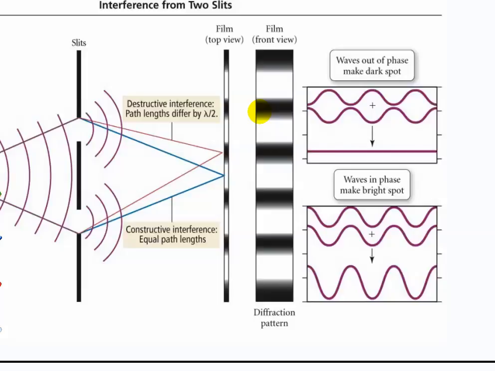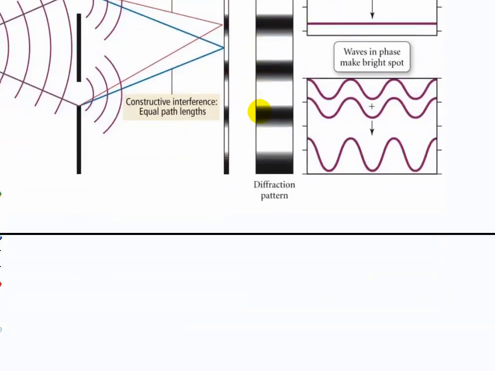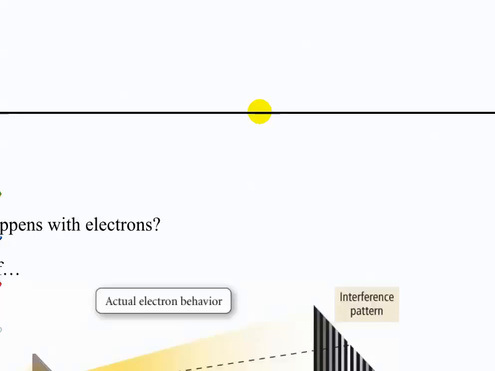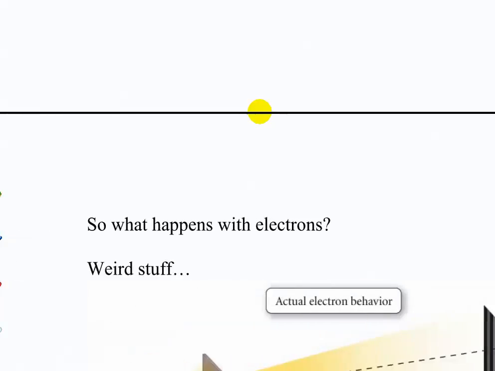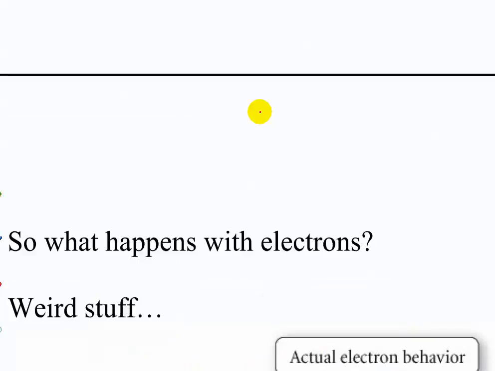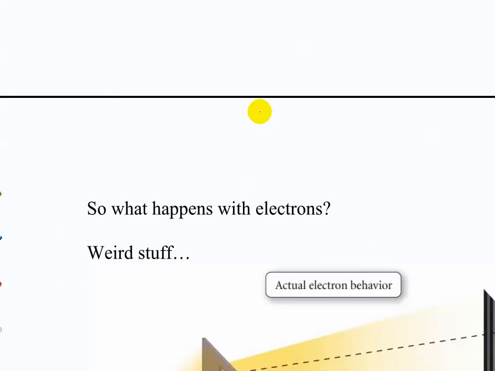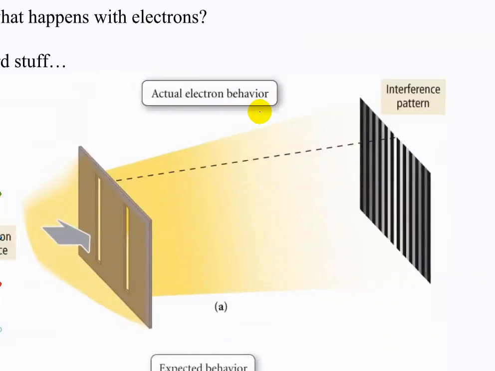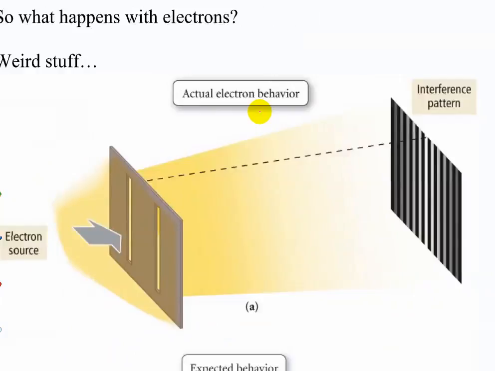The reason I tell you this is that there's a really interesting experiment that deals with this with electrons. When you shoot a beam of electrons through slits that are very close together, you get an interference pattern when you measure the electrons on the other side.